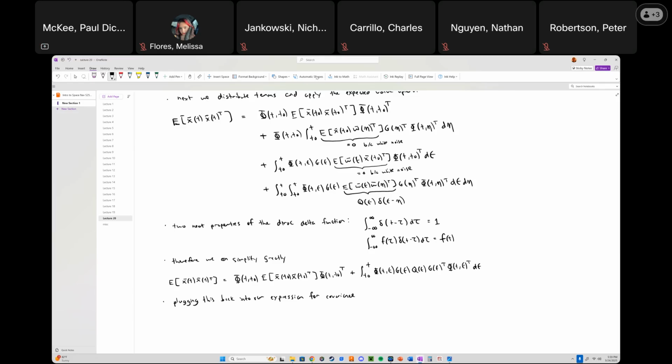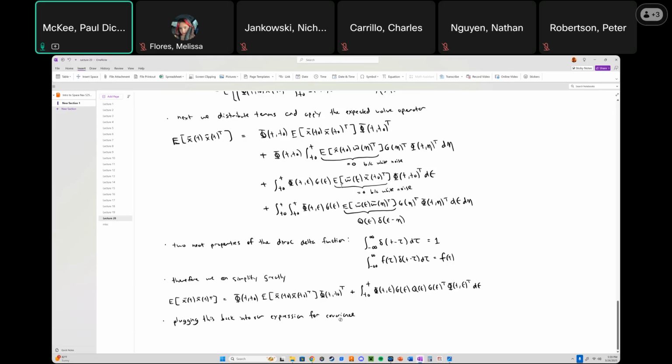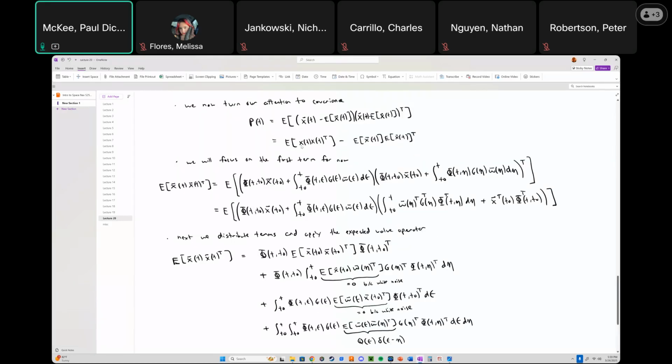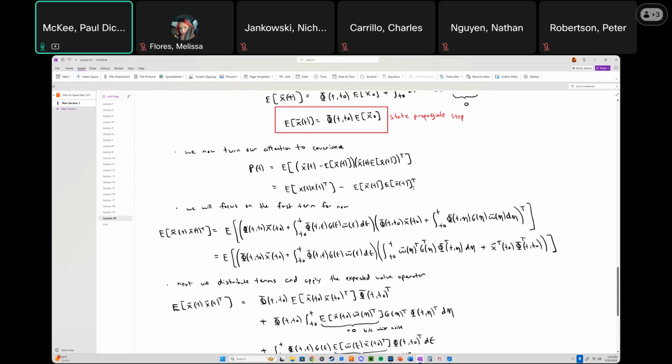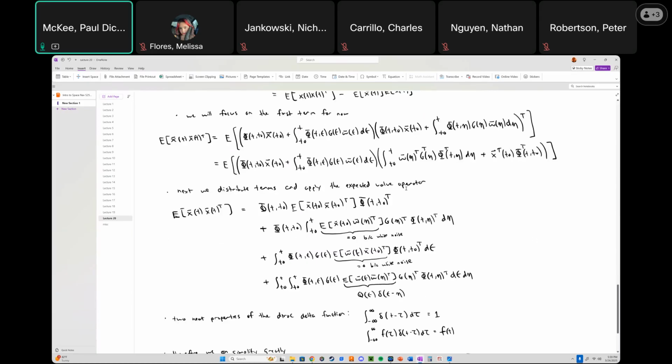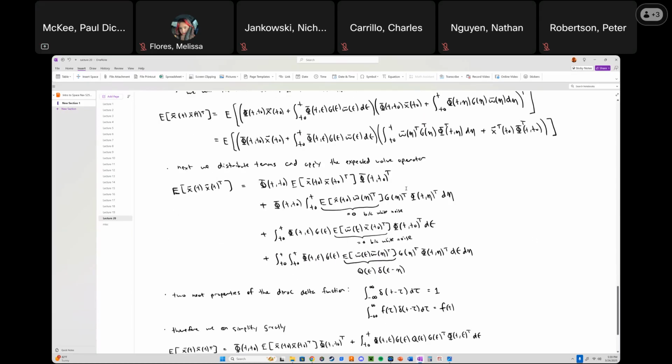Okay, so remember we said that the covariance is expected value of x x transpose minus expected value of x, expected value of x transpose, right? So we'll just go through and pop this in like so.